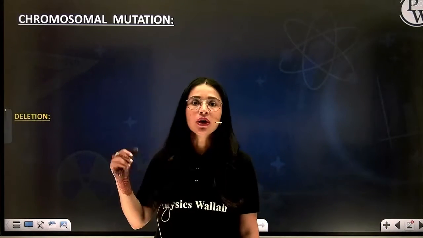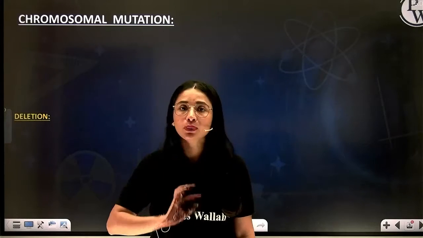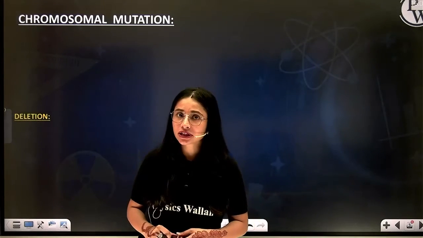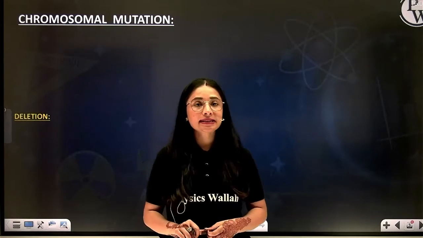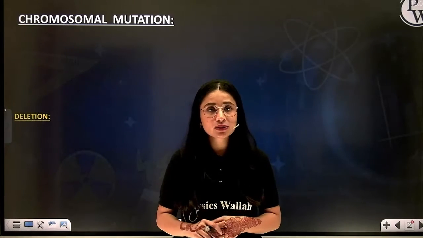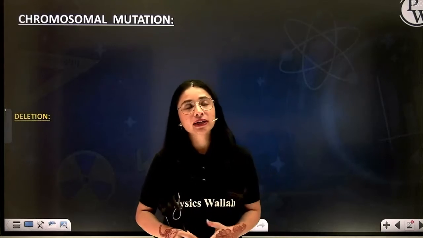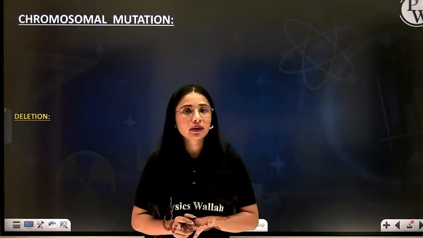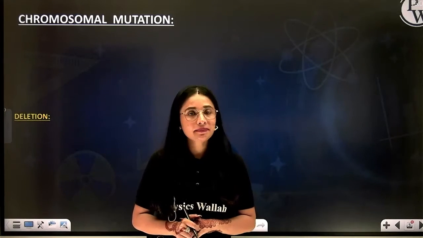Let me give you a little bit of a hint about what we discussed in our last lecture. So what is mutation, beta? Mutations are basically sudden changes which occur in the genotype and phenotype of an organism. The term mutation was given by Hugo de Vries while he was working on Oenothera lamarckiana, commonly called evening primrose.